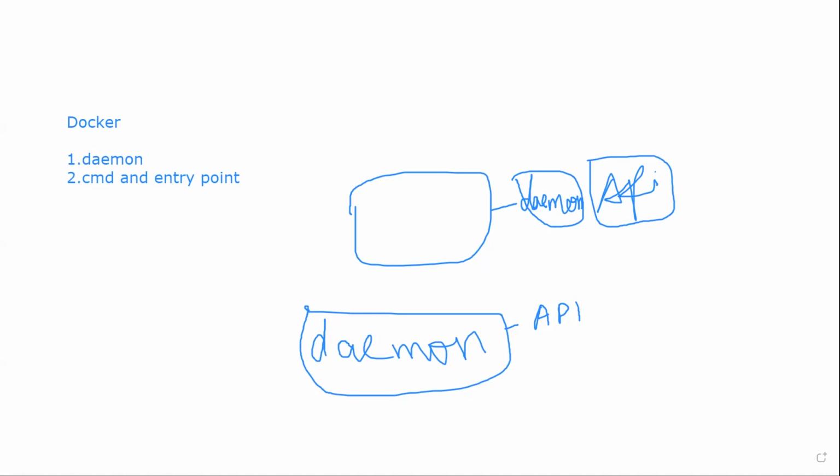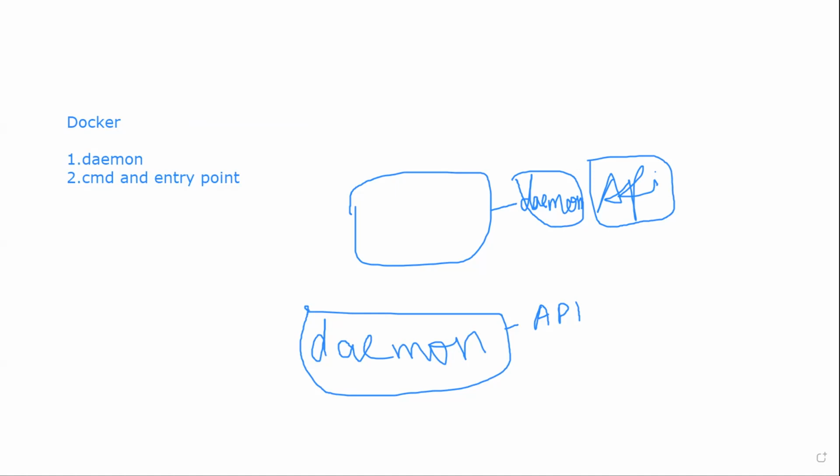Okay. First, we communicate with the daemon actually. Got it. So this is like an API call. For example, here our requirement is to build an image.